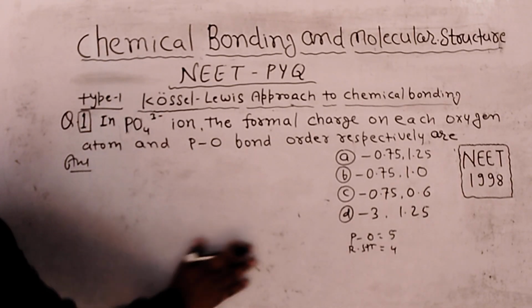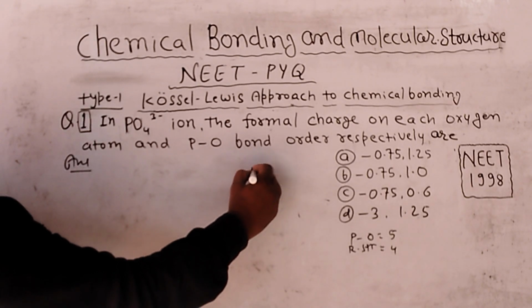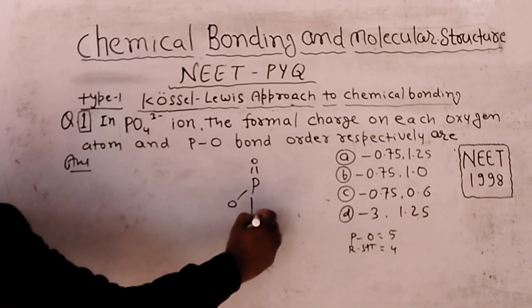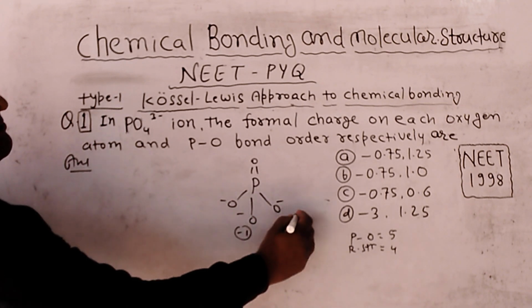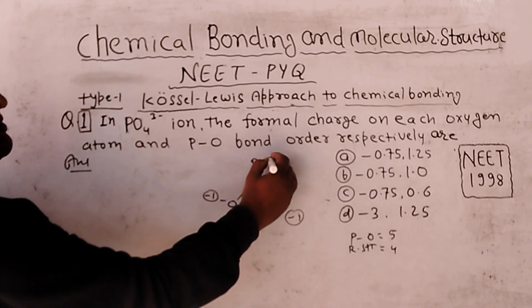Now one by one, first we will calculate the formal charge. In this formula, the formal charge of each oxygen is -1, -1, -1 and 0.